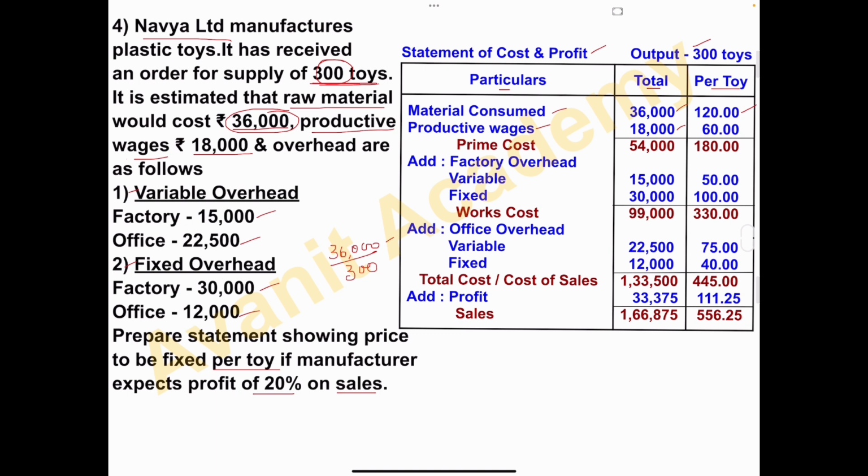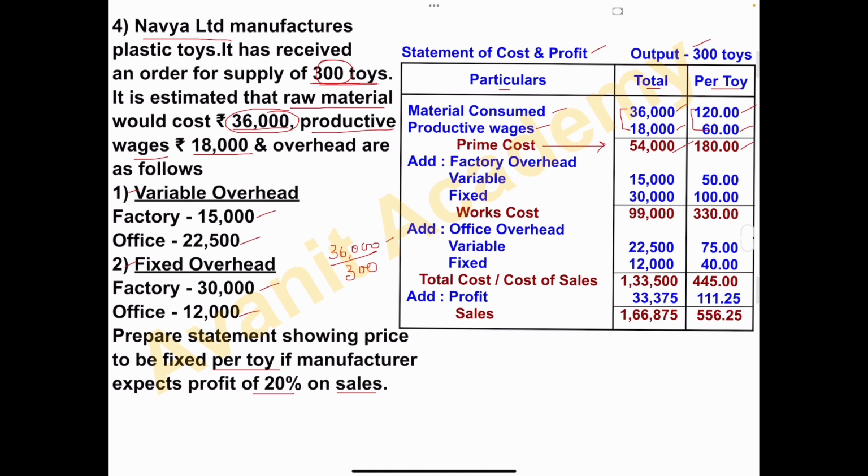That is rupees 60. Now add these two amounts. 36,000 plus 18,000, and the total is 54,000. Per toy, 120 plus 60, and the total is 180 rupees. This is called prime cost.